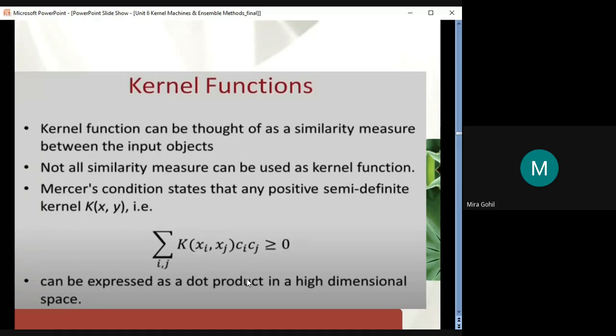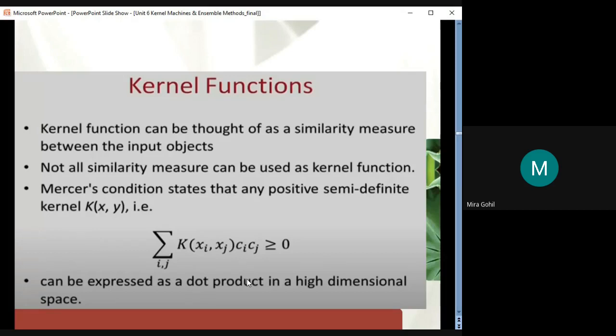So not all the similarity measures can be used as the kernel function, of course. So we are having some conditions, and that condition is called Mercer's condition. We will not go into detail for this, but the Mercer condition is sigma of kernel function of xi xj, Ci Cj, where C is the constant function for the regularization, and the value must be greater than or equal to 0.